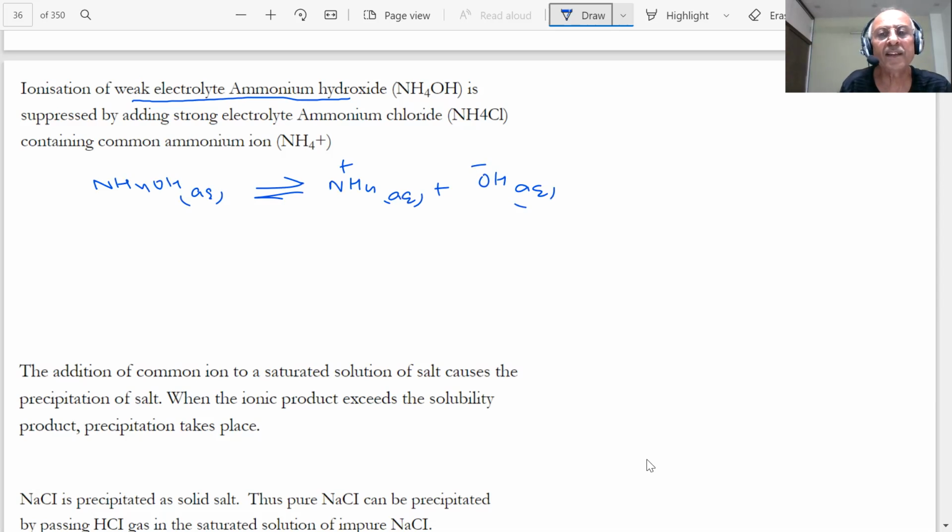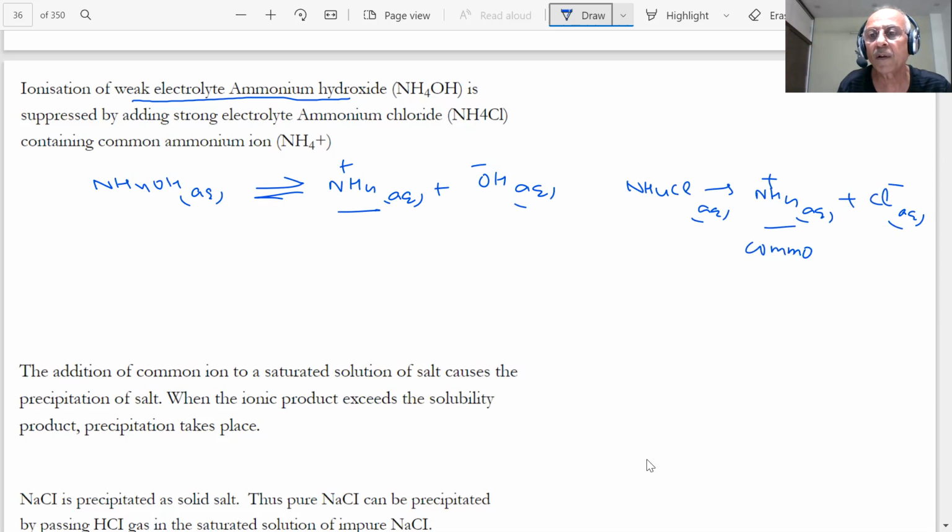If you are adding a salt like ammonium chloride, what happens? Ammonium chloride will dissociate to produce ammonium ion and chloride ion, and this ammonium ion is a common ion. So there will be a common ion effect. The common ion effect will operate.